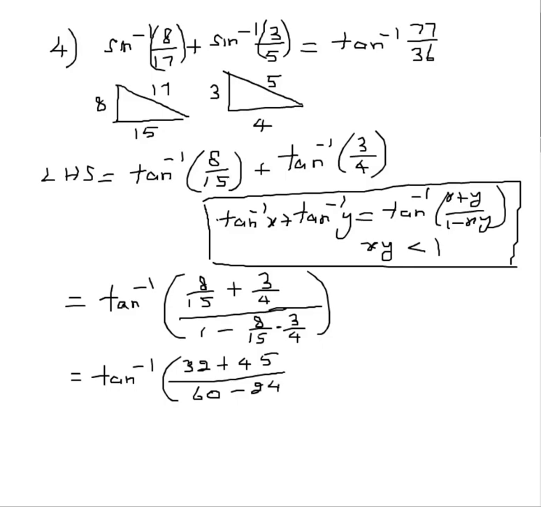LCM's 15 into 4 will get cancelled. We get tan inverse of 77 divided by 36. And this is the right hand side.